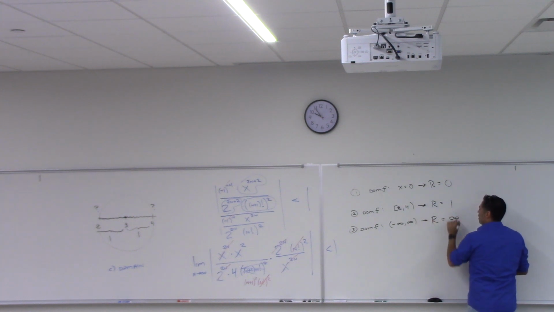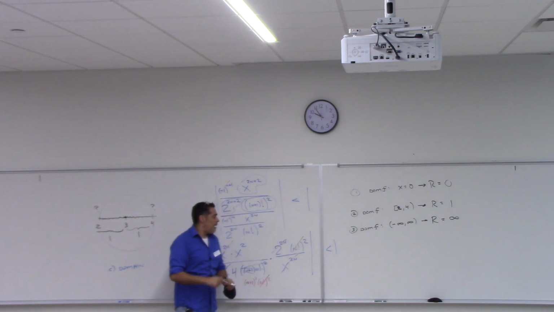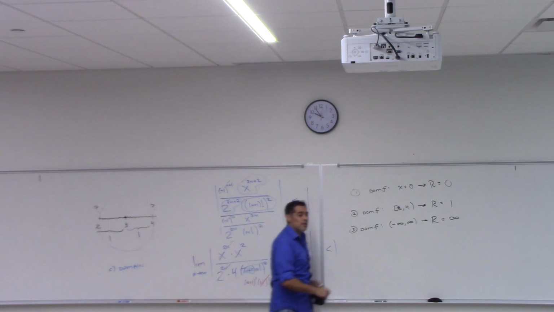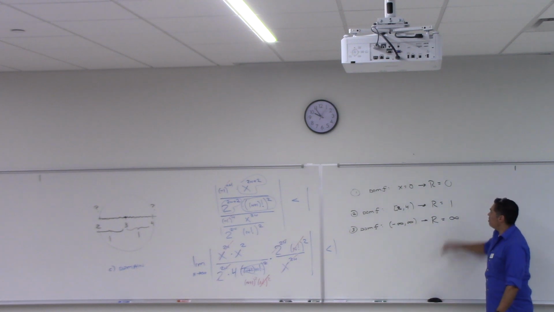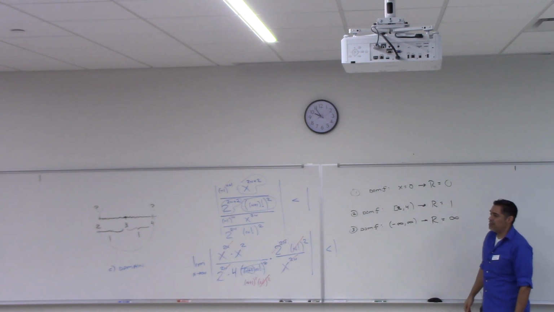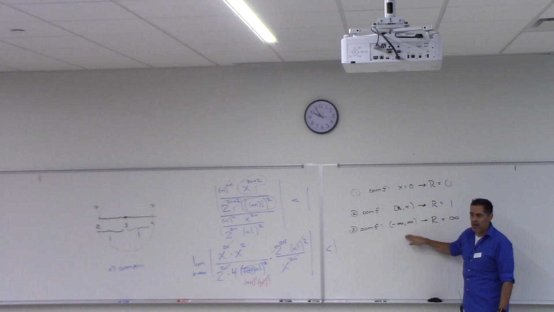Infinity. It's infinite in both directions. So for all power series, you must have a radius of convergence. It's either going to be 0, infinity, or some number. For every power series, you're either going to converge at a point, on an interval, or on the entire number line.